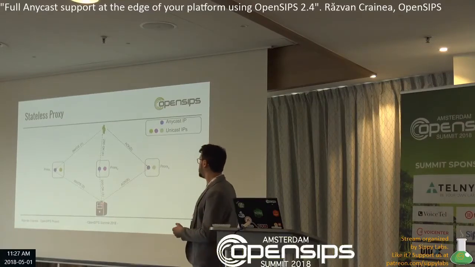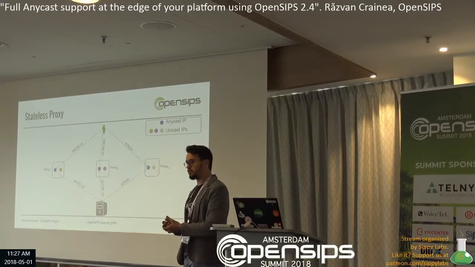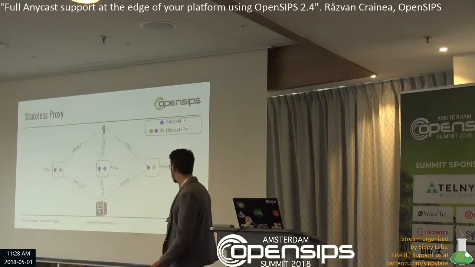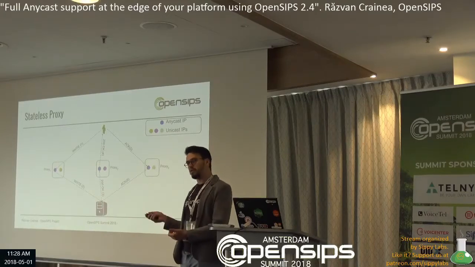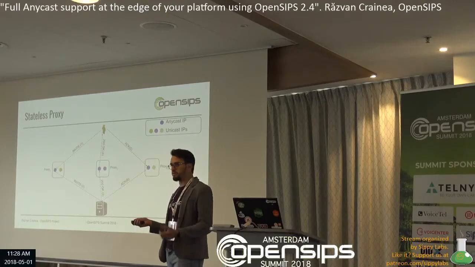Now, when an INVITE comes from the customer, you send it to whatever the router chooses, for example this proxy, and then send it further to the endpoint. Here we have, let's say, a PBX or something. When the call is answered, the 200 OK might land on different servers, right?